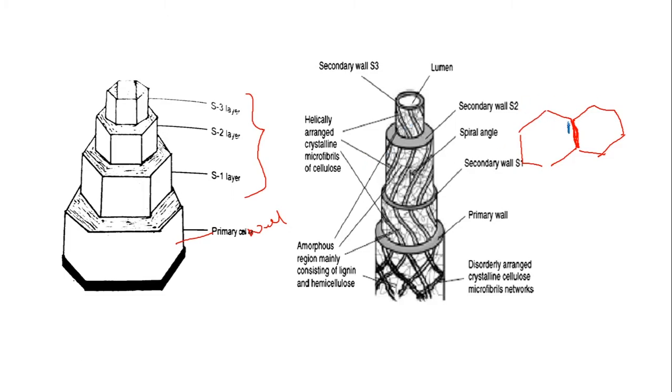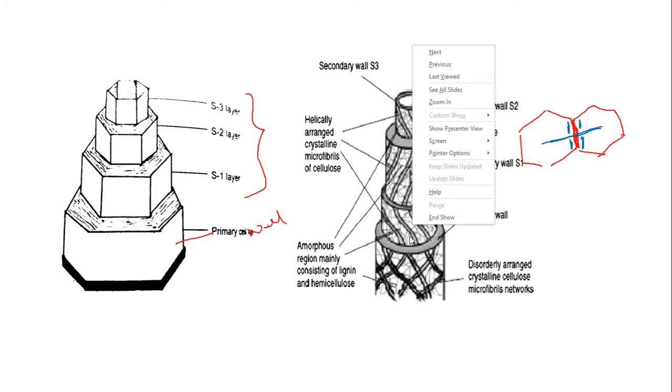The primary wall on the middle lamella on either side. And in this part, we have seen that there are cytoplasmic connections from cell to cell, that is plasmodesmata. On the primary wall, or inner to the primary wall, we have a secondary wall layer.